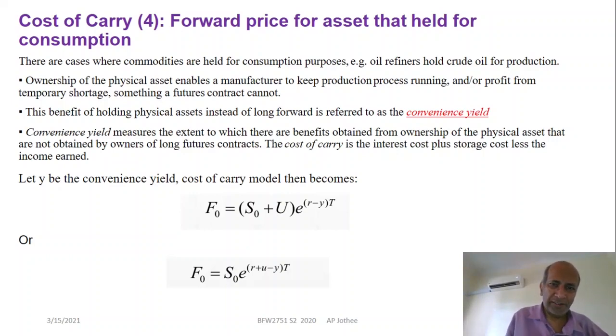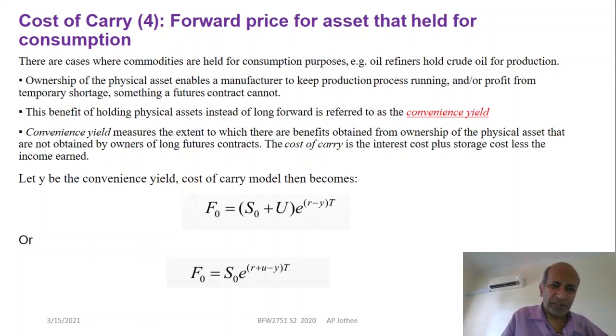Ownership of the physical asset enables manufacturers to keep production processing running and/or profit from the temporary storage, something futures cannot do, where you can take delivery little by little. Of course, you can talk about a forward price of 1 year on a certain amount of stock, and you can use it while waiting for it.